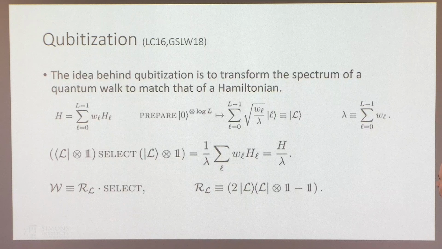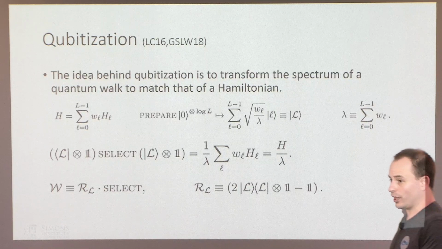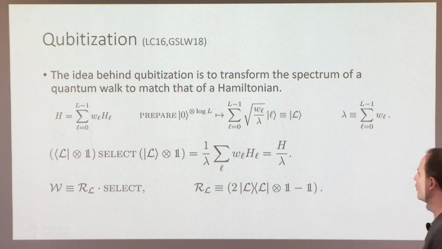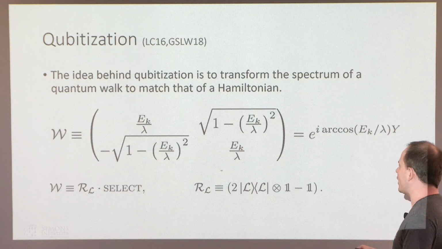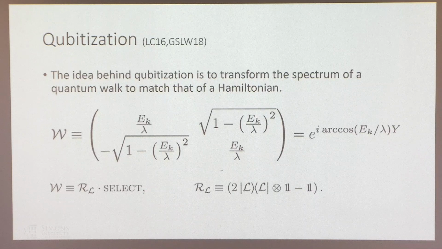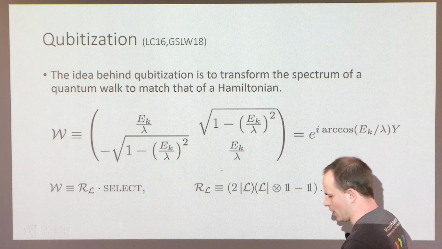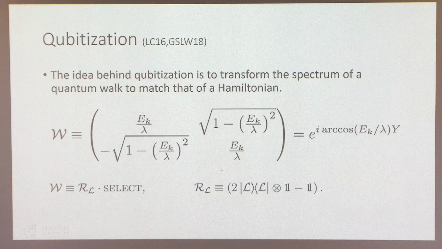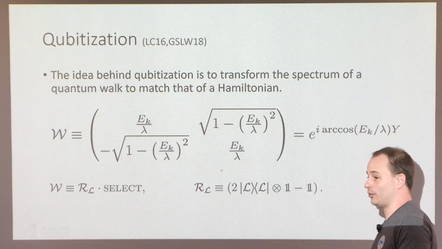So we apply this over here, and it may, at first glance, seem totally unobvious how this has any connection whatsoever to Hamiltonian simulation. And the connection really comes in this matrix that I was describing over here. For walks of this form, the walk operation boils down to a sum over two-dimensional irreducible subspaces. Okay? So in order to diagonalize the walk operator, it suffices to look at each of these individual subspaces.